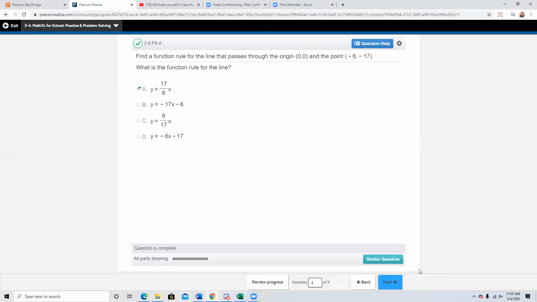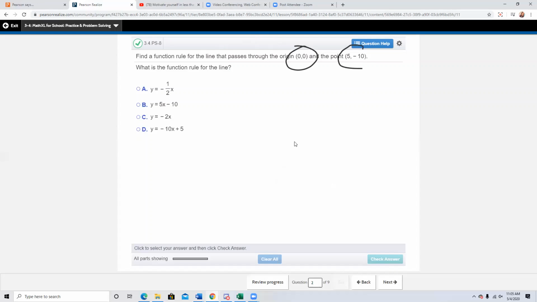Very similar to this question. What you know in here is that the origin is 0. And whenever the origin is 0, we're trying to find the point that the line is passing through. So this will be pretty easy as well. So m equals y2 minus y1 over x2 minus x1.